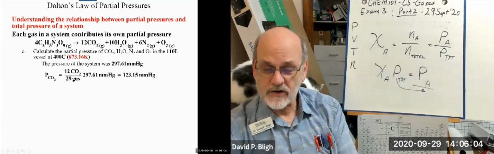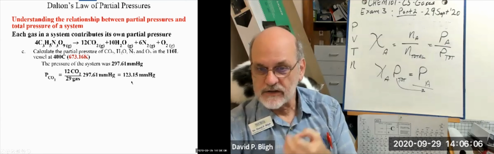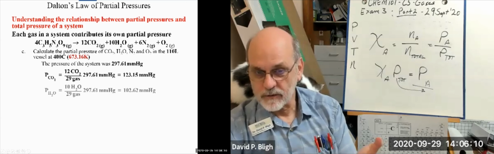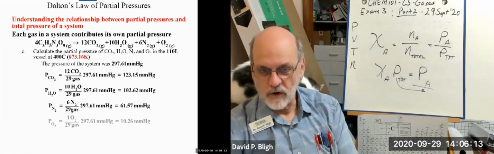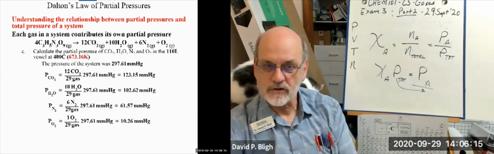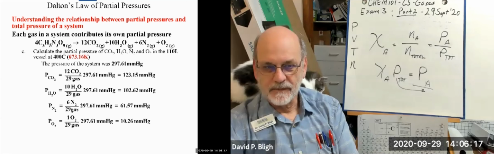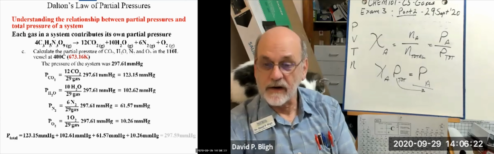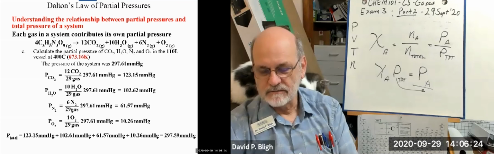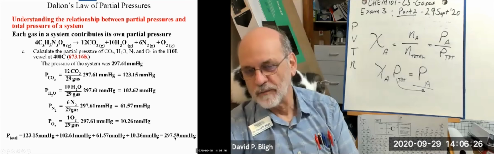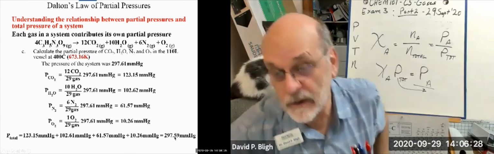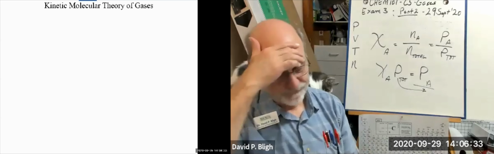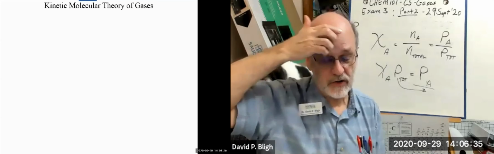So that's the mole fraction of CO2 times the total is the partial pressure of carbon dioxide. And we do the same thing for each of the others. Just ratio their moles in the balanced equation to the total. And we find that the total pressure should be very close to 297.61. We were off by 0.02 of a millimeter. Okay, so that's Dalton's law of partial pressure.